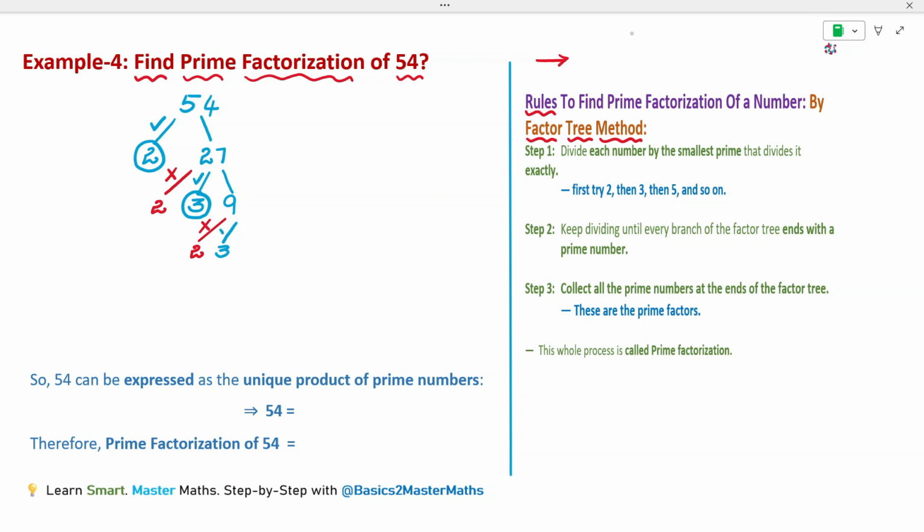Since 3 divides 9 exactly, we get 3 again. Observe, both 3's are prime. So, these branches end here.